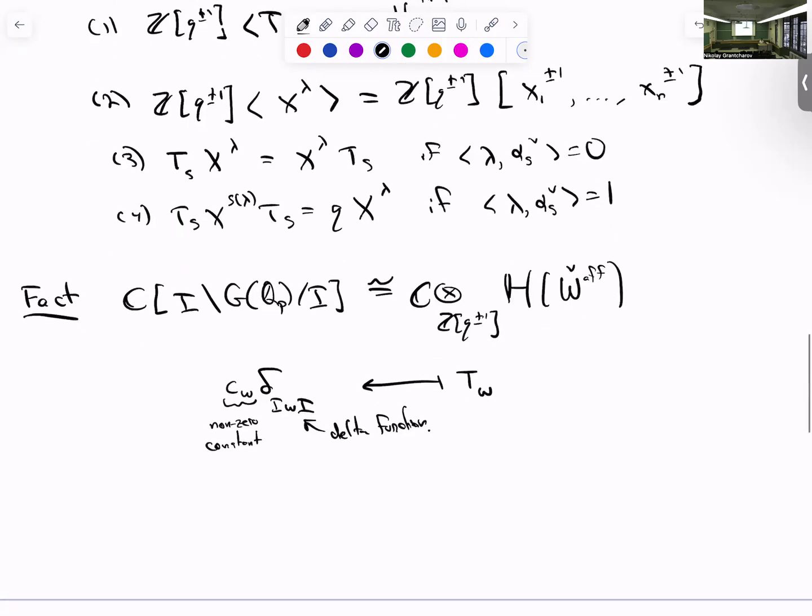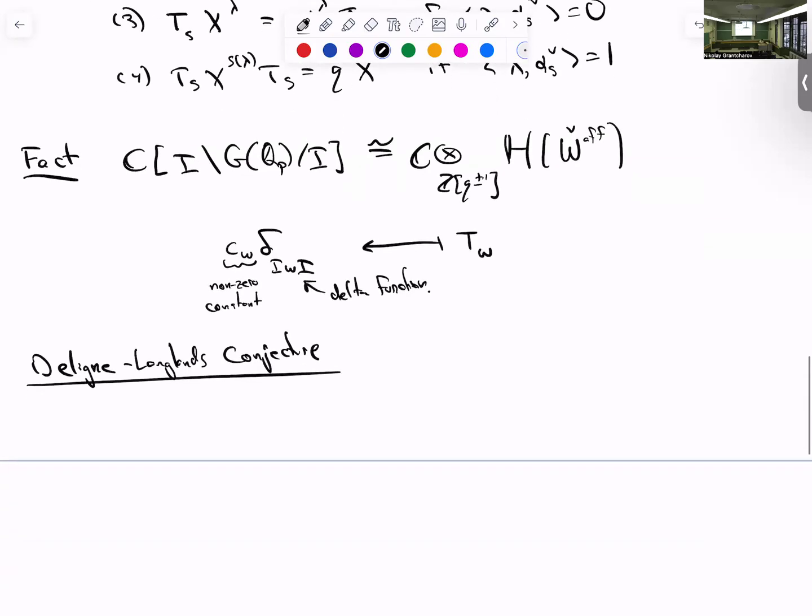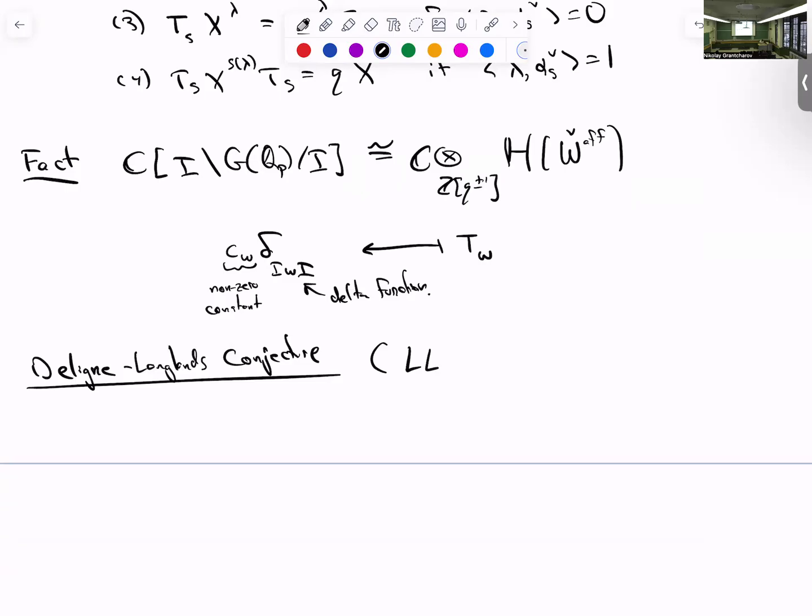And then to finish this introduction, the main local Langlands conjecture in super rough form relates irreducible representations of the Hecke algebra to certain Galois representations. So I will formulate it in the following way. So this is like local Langlands conjecture for finite fields.